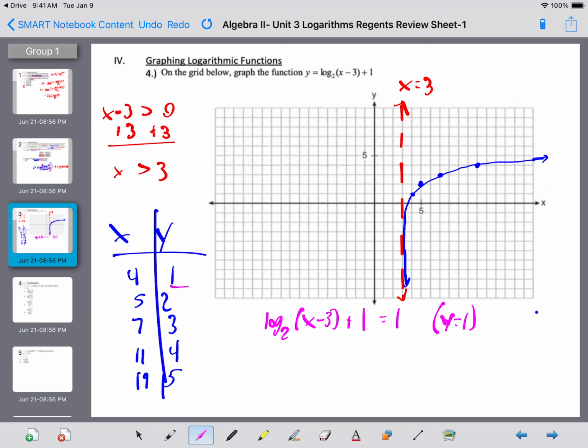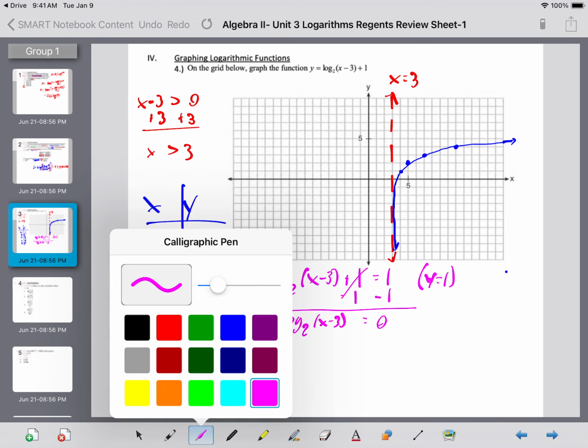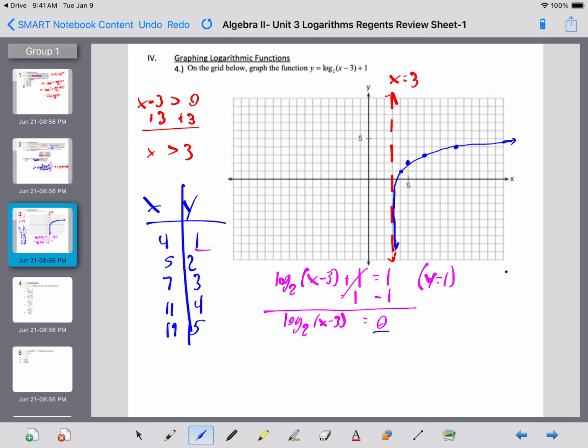So you're going to isolate the log. 1 minus 1 is 0. And then, in order for a log to equal 0, that would be log base 2 of 2 to the 0, right? It's the base to whatever that number is.